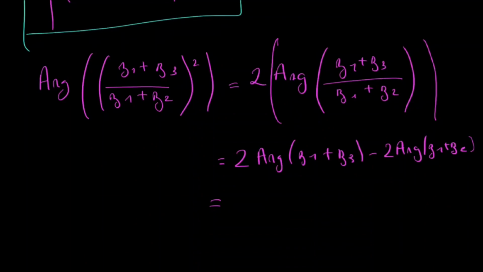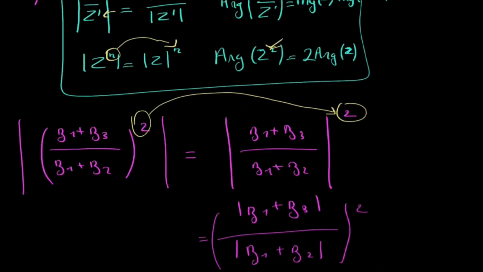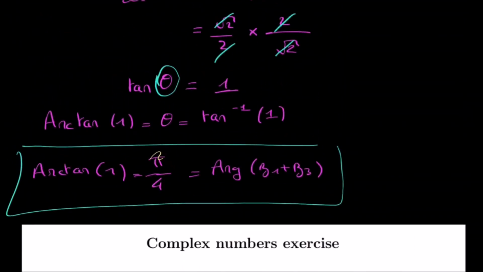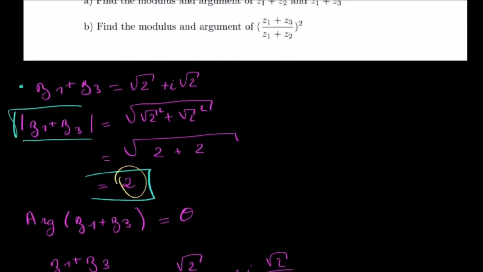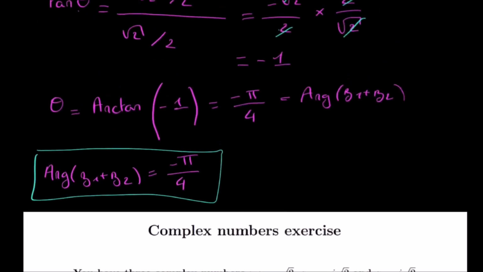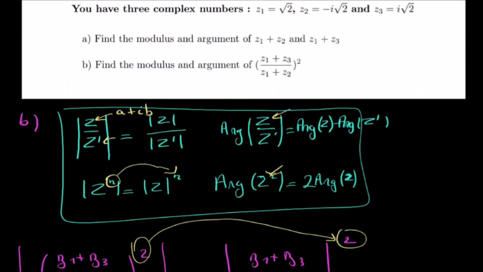And we know that the argument of z1 plus z3 equal pi over 4, and the argument of z1 plus z2 equal minus pi over 4.